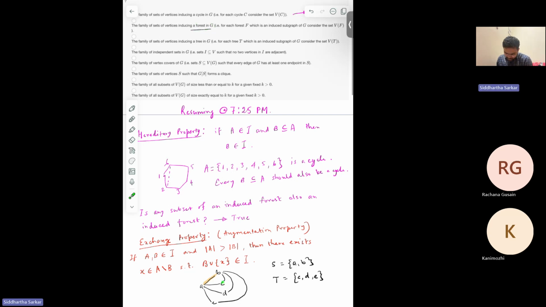If you take C, then there is a cycle with AB. If you take D, there is also a cycle with AB. If you take E, there is also a cycle with AB. So there is no vertex that you can take from T whose union with S will give you a forest. So the exchange property is not holding true. The exchange property fails.